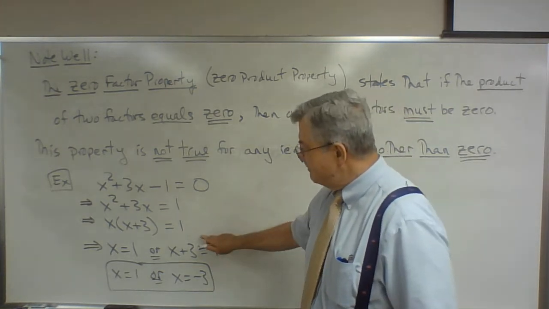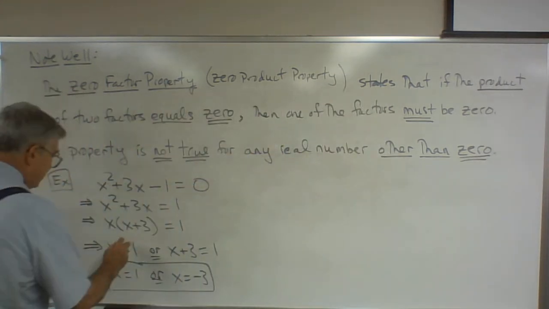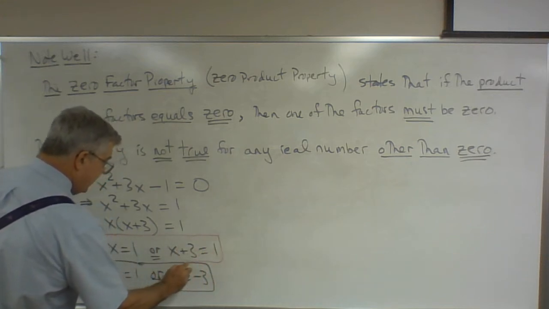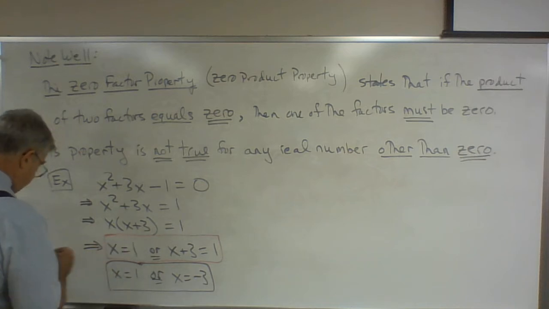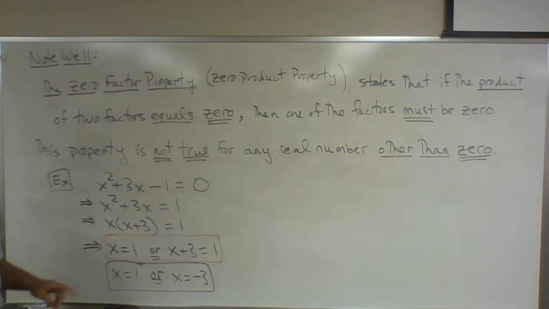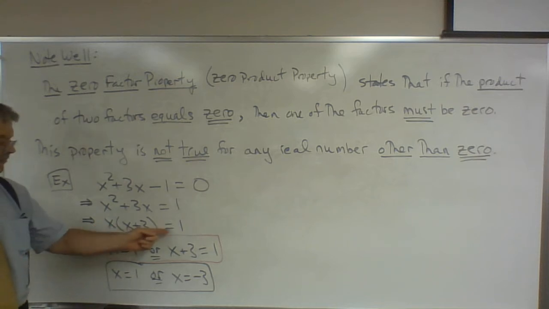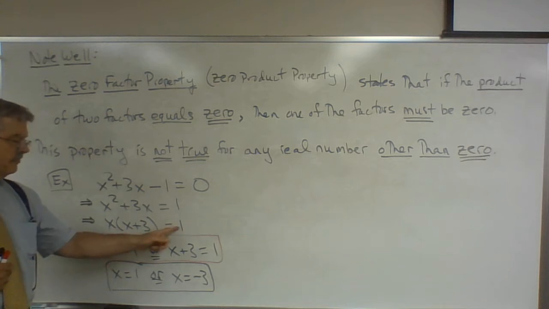This is the step that is illegal, immoral, and any other adjective that we want to attach to it. This is the problem. In the previous step, we have x times x plus 3 equals 1. We have the product of two factors equal to 1.